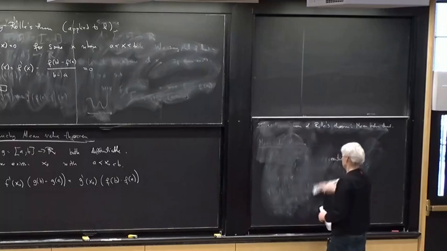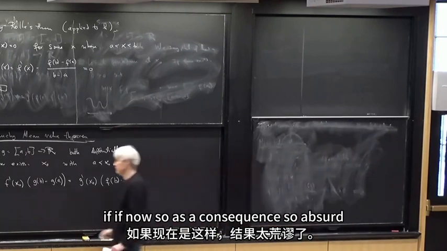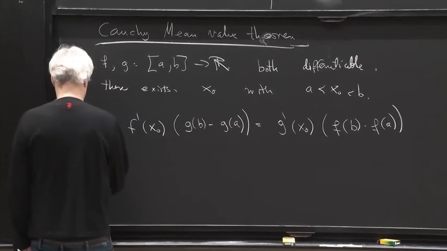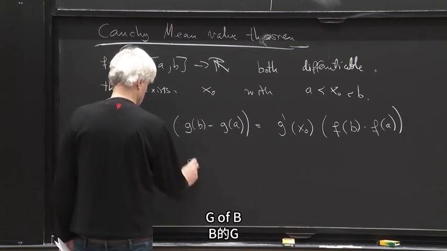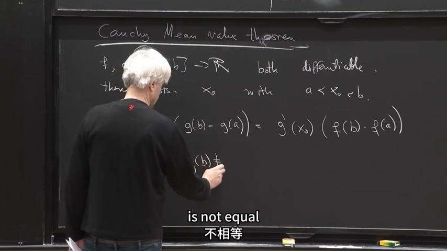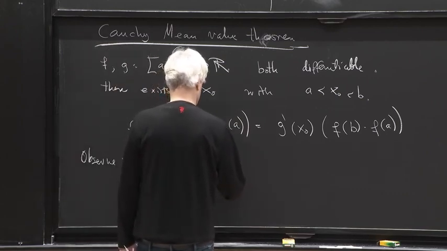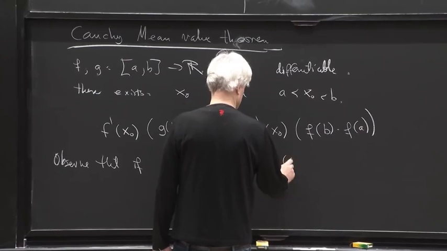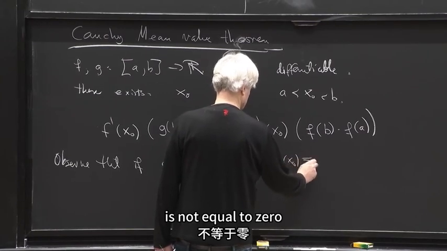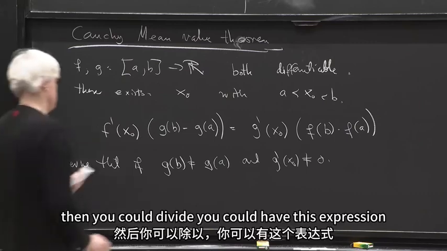So, as a consequence, observe that if g of b is not equal to g of a, and g prime at x0 is not equal to 0, then you could divide.